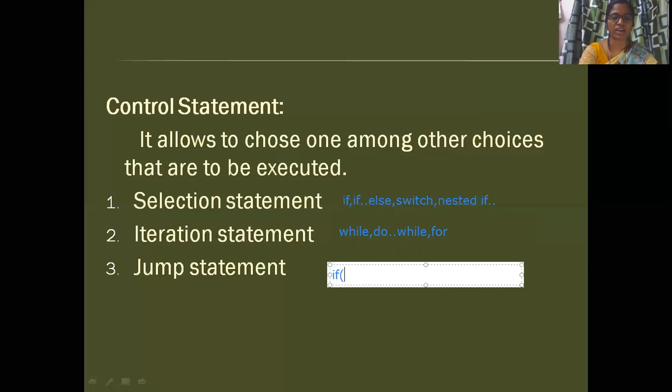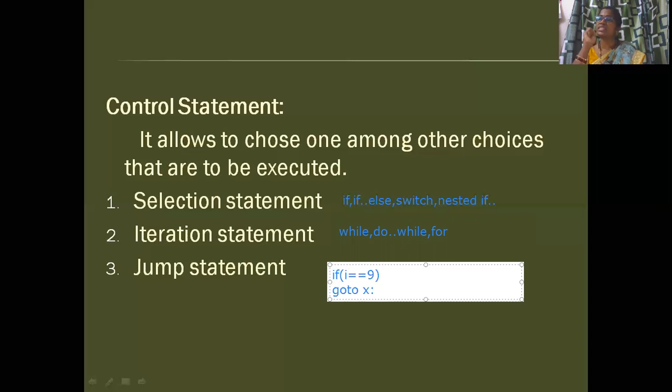Like if you have i equals 9, you will go to X. So goto is a jump statement. When do you go to the X statement? You can go to the X statement whenever your i value becomes 9. So these are used for jumping from one place to another place.